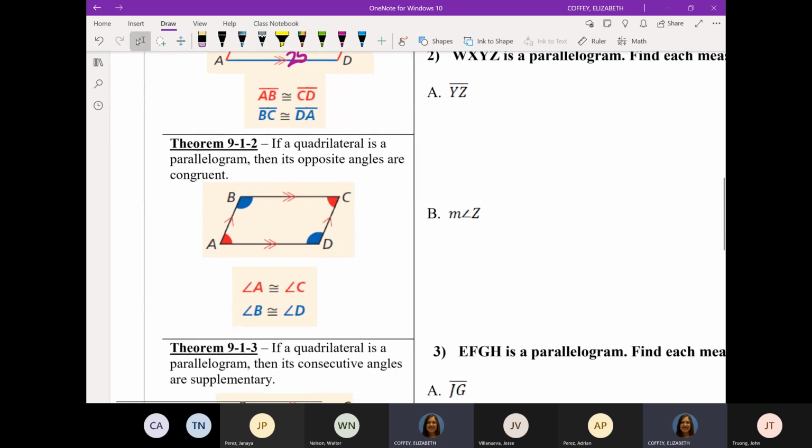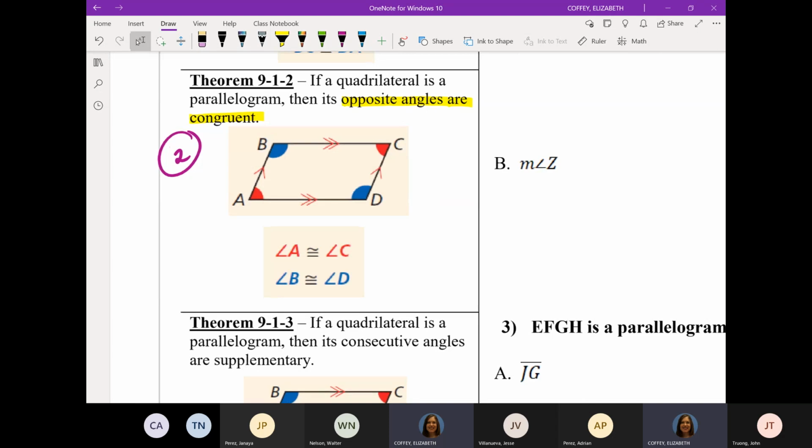The next property, it's also really easy. It's our second property of parallelograms. It says the opposite angles are also congruent. Okay? The only thing you need to make sure you know here is, what do I mean by opposite angles? So for example, you can kind of tell by the coloring there.